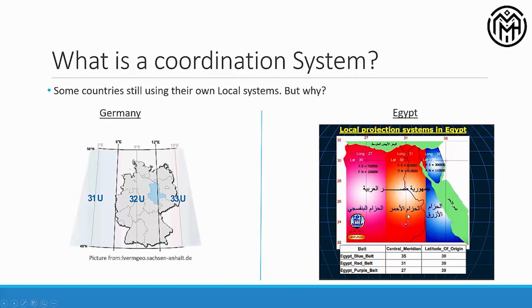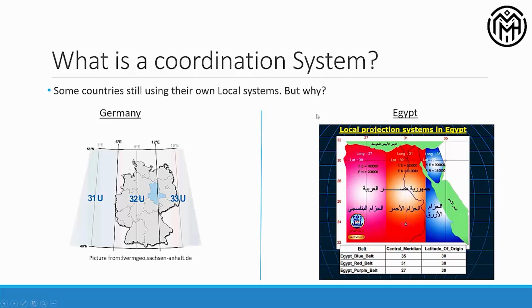Now let's go to Egypt. Actually, you can ignore the Arabic writings because it says the same red belt, blue belt, and purple belt here. So Egypt decided to use a different, local coordinate system, and they decided to do this to minimize the distortion even more, because Egypt is relatively big compared to Germany.